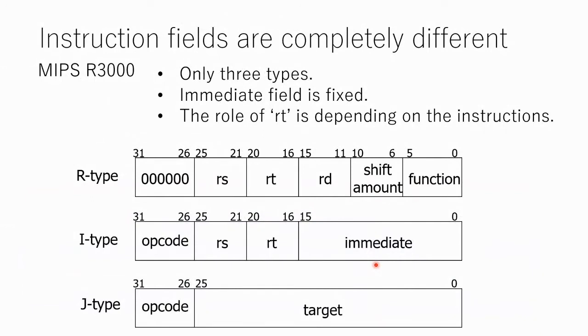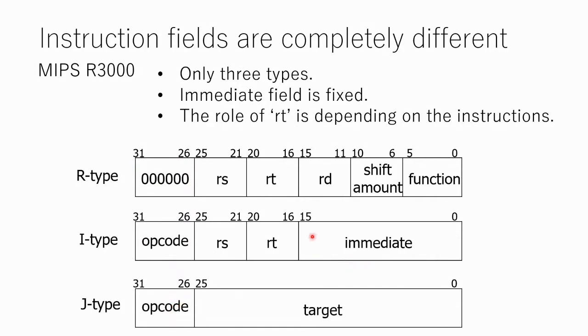Okay, so the instruction fields are completely different. MIPS R3000 has only three types: R type, I type, and J type. The opcode field is 6 bits and it is fixed.